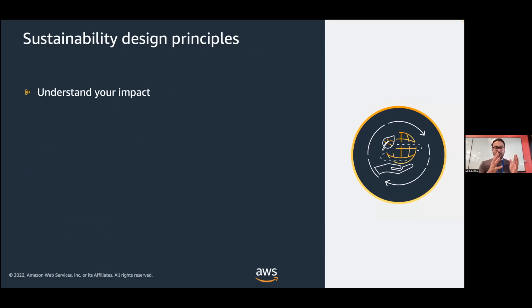For example, if I'm going to host an application on AWS cloud, what is going to be the customer use? What would be the retirement age of this application? How am I going to eventually decommission the application resources? You can also compare the productive output with the total impact of your cloud workloads by reviewing the resources and emissions required per unit of work.